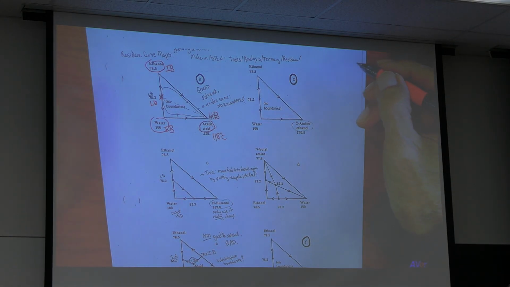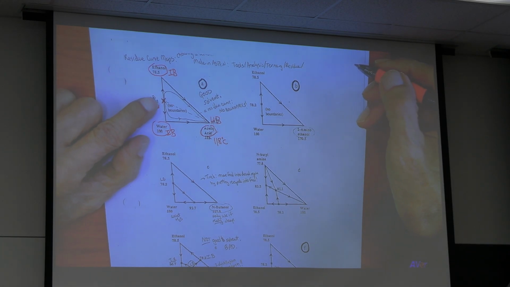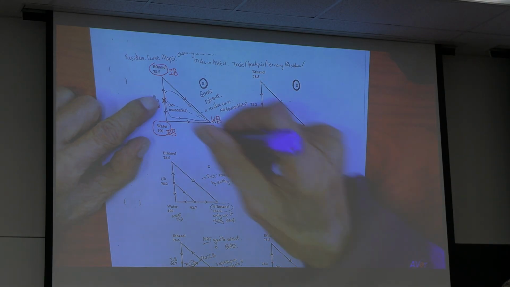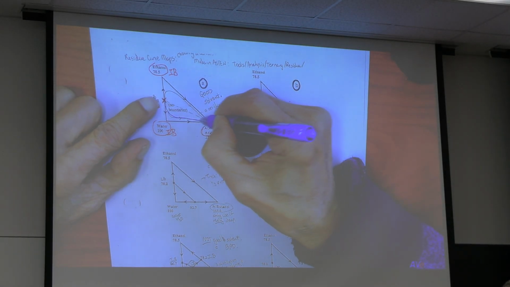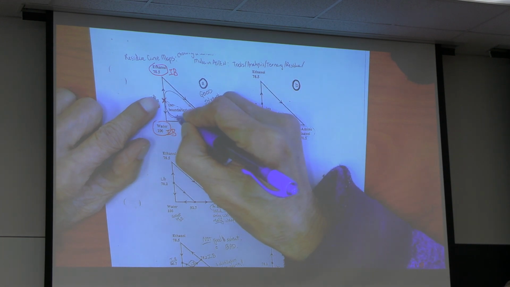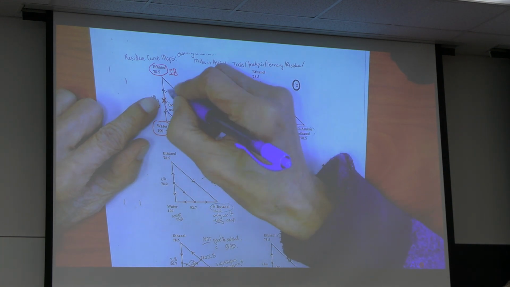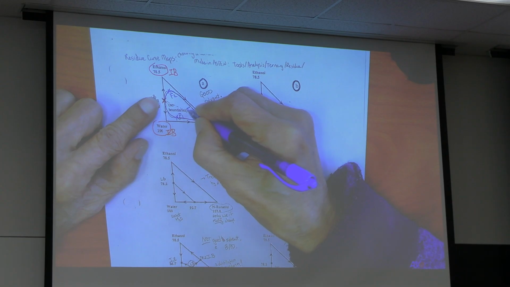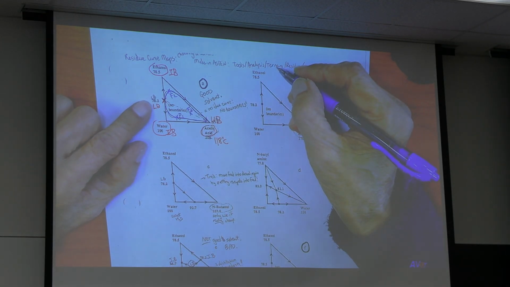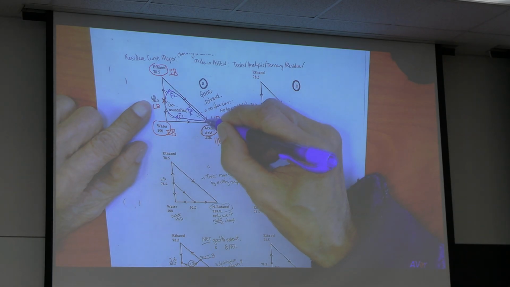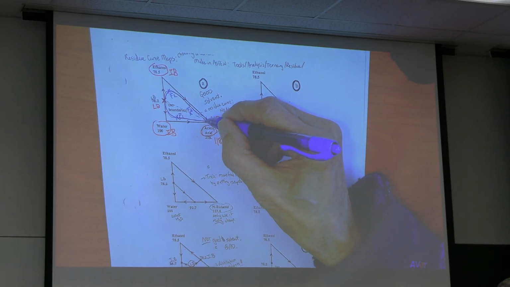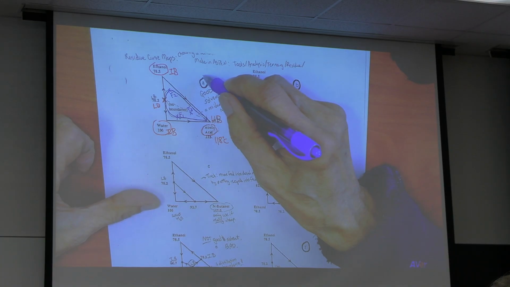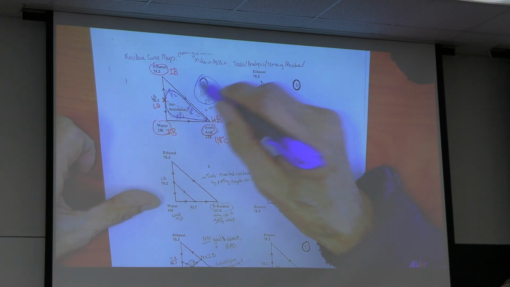The good thing is there's no distillation boundary. If you have feed here, here, or here, there's no distillation boundary. So that is a good potential solvent, a circle.